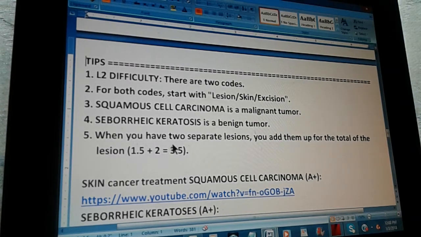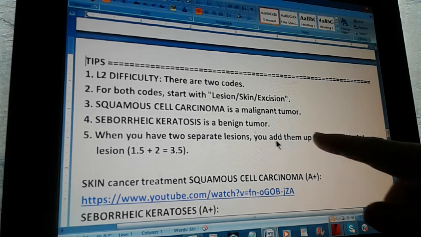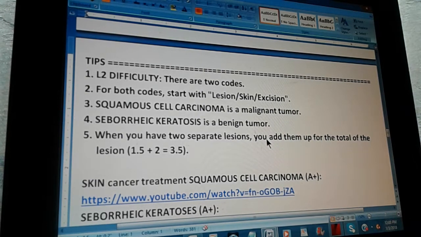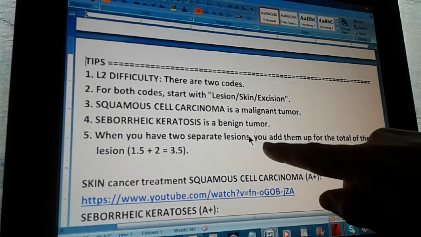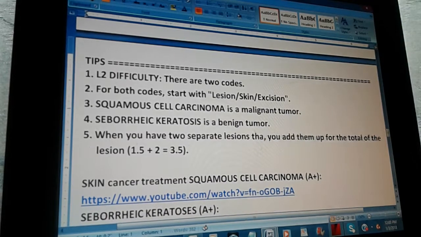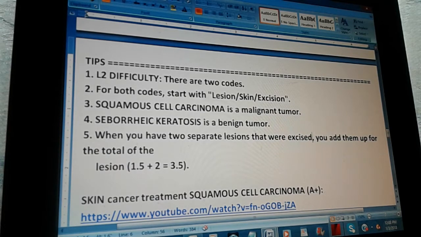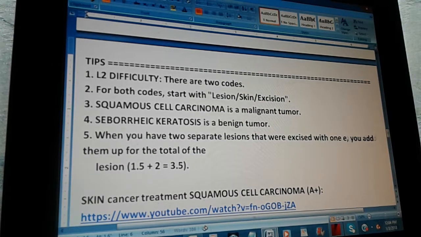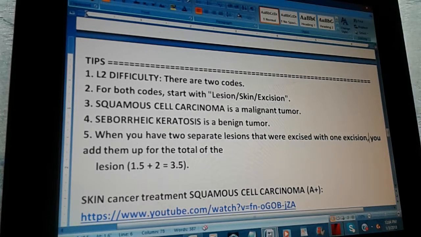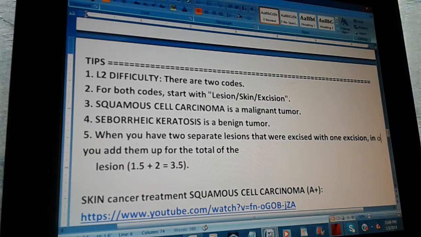Tip number 5. When you have 2 separate lesions, you add them up for a total of the lesion. When you have 2 separate lesions that were excised with one excision, because that's what the problem says, in order to find the area, you just add up the total of the individual lesions, right?